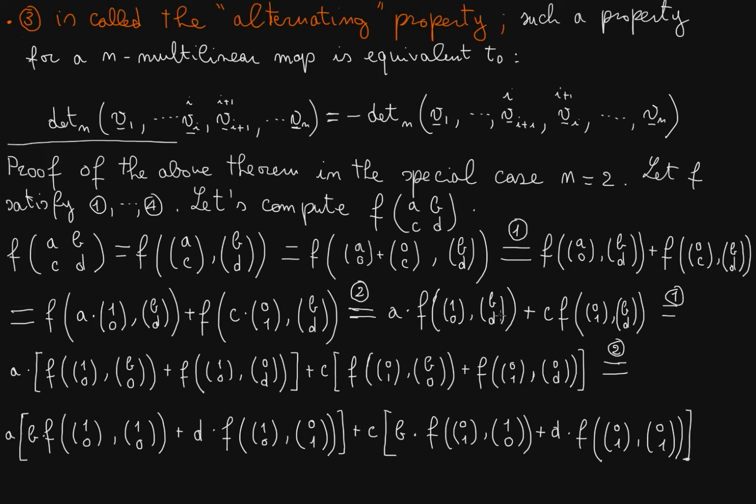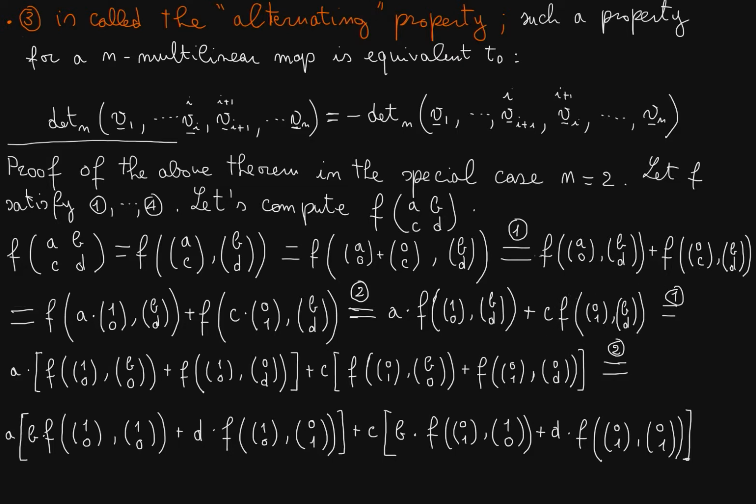After we split the column vector as a sum of two vectors, we apply property 1. So we do this at once here. Applying property 1, splitting BD into B0 plus 0D, we end up precisely with these two big sums, one corresponding to the first summand and the second one corresponding to the second summand.